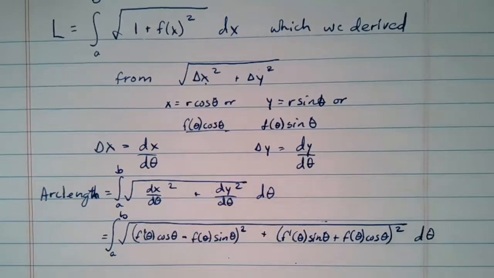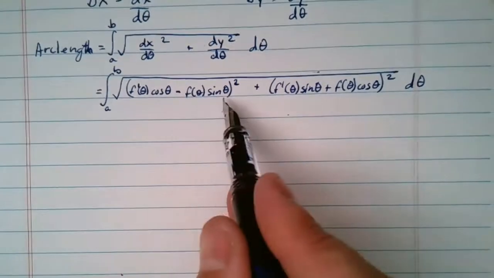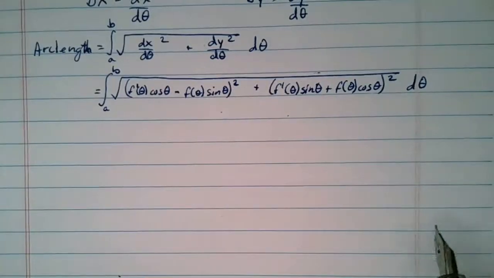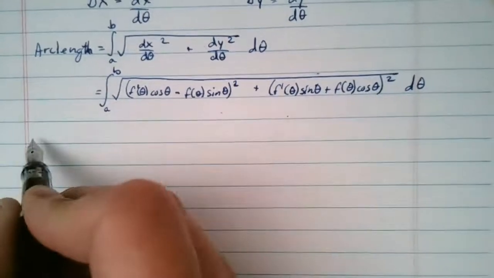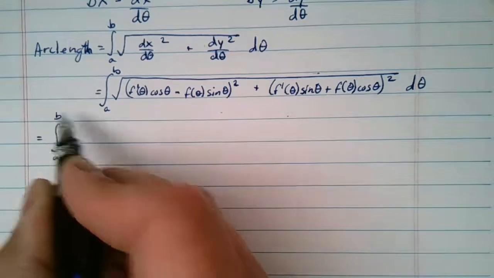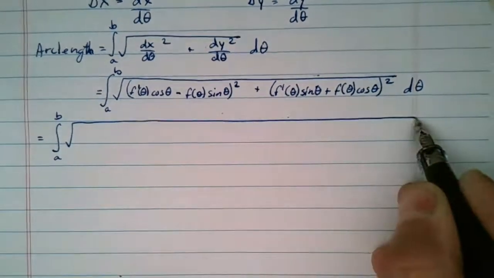Now, here's where it gets weird. Let me make sure I don't lose you in all of this. We're going to square that, so it's going to be that good old binomial square. Here's what we get. Arc length is equal to the integral from a to b of, let me write all this out, yes, it is going to be that long.